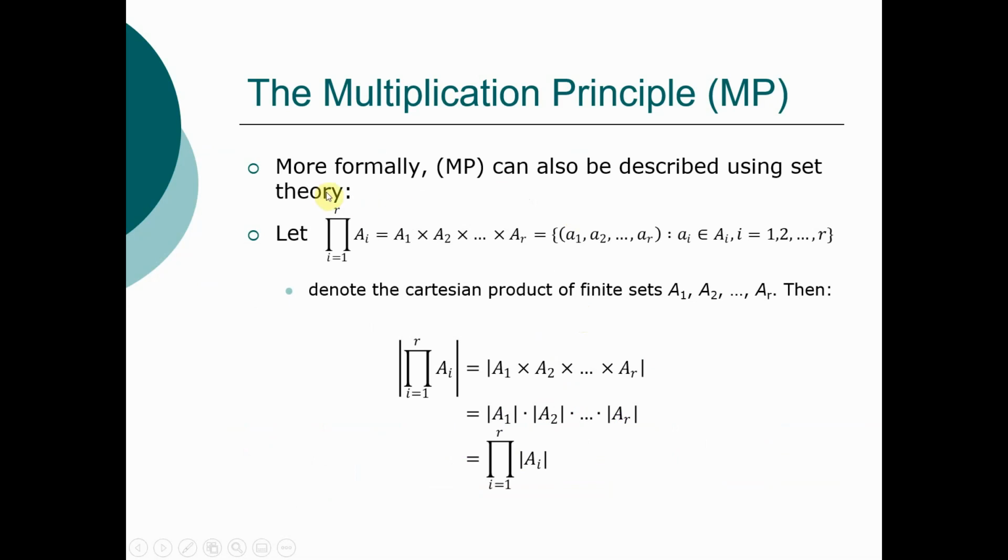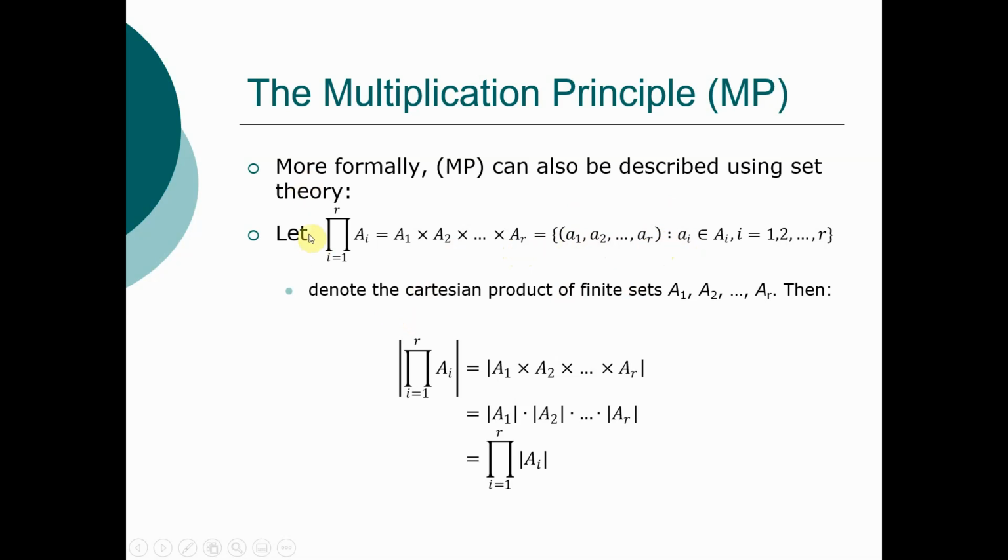And again, more formally, the multiplication principle can also be described using set theory. We can consider the Cartesian product of R different sets, A1, A2, all the way to AR. So basically we have some sort of tuple of different events, A1 all the way to AR.